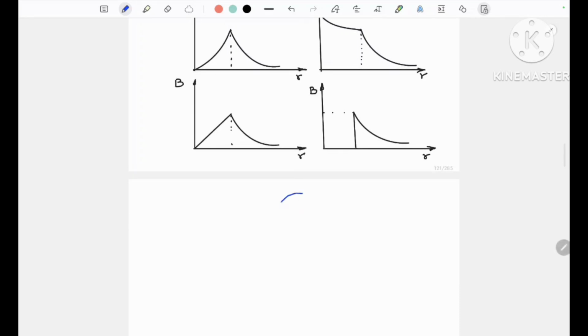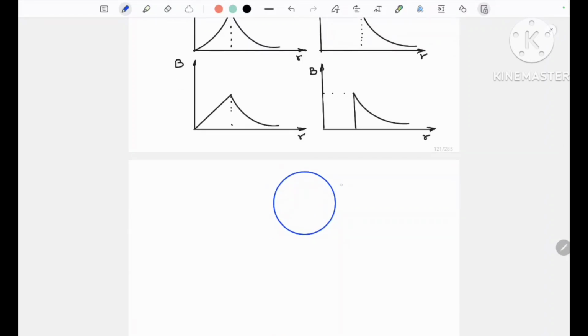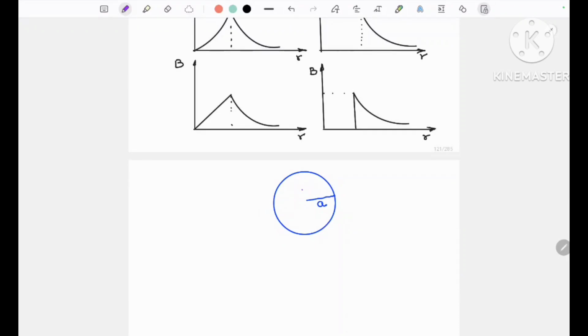The cross sectional area of this loop, जो section is given, इसकी radius is A. Suppose an Amperian loop, इसकी radius is R. The magnetic field अभी inside this wire कैलकुलेट कर रहे हैं.